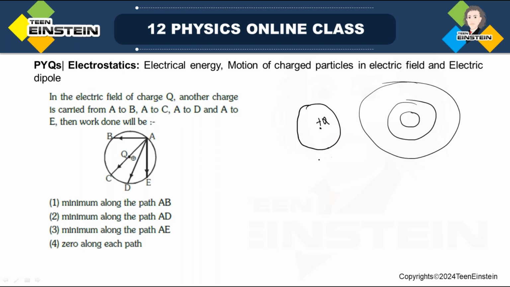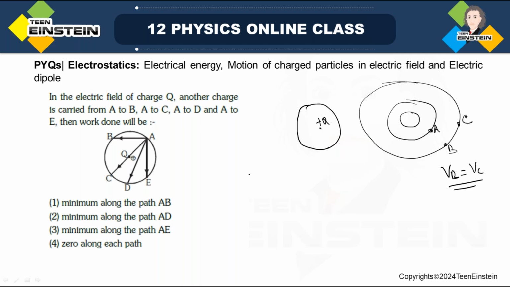Now you see in this figure, this A, B, C, D all are on the surface of the same sphere. Suppose if this is A and this is C or B, these two points will have potential difference, but any point on the same surface of the sphere will not have any potential difference because they are sitting on the equipotential surface that is created by the point charge.